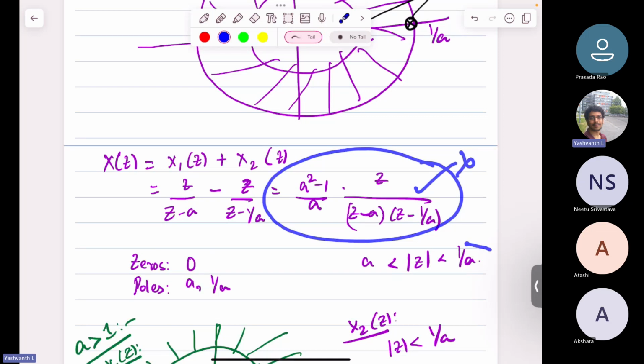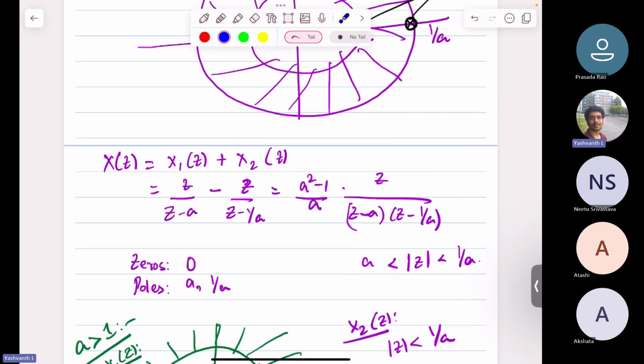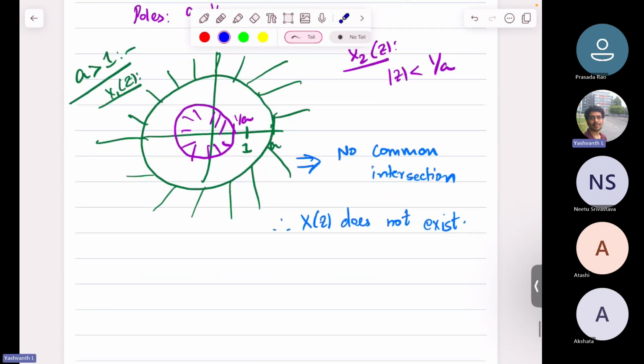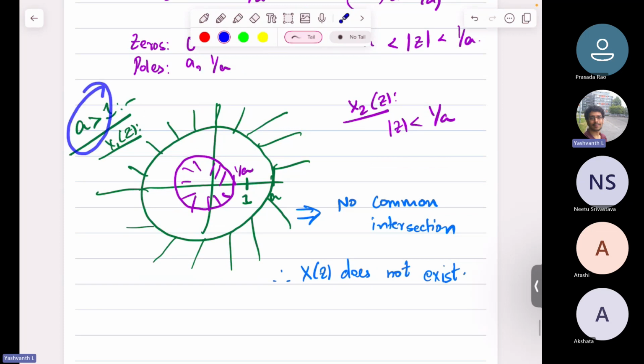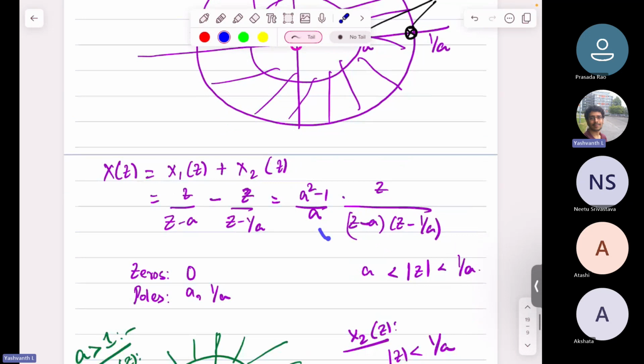This is correct as long as you have some valid finite ROC. When you don't have any ROC, that means your x of z doesn't converge to this value at all. So there is no x of z. So when A is greater than 1, there is no ROC or no Z transform. When A is less than 1, this is the Z transform with the ROC between A and 1 by A.